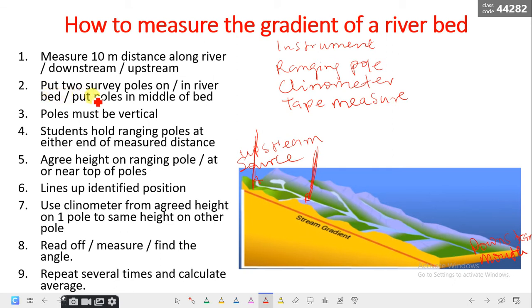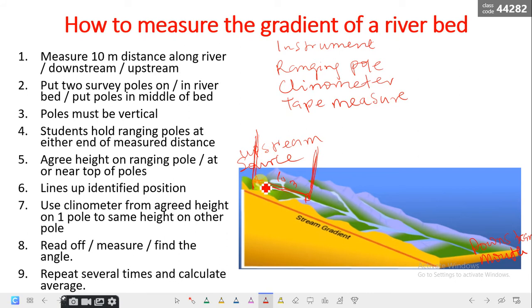You put the survey poles in the riverbed, and the poles should be standing vertically, as you can see. Students hold the ranging poles at either end and measure the distance using a tape measure. It's advisable that the distance should be at least 10 meters apart. That is what the first point here means.